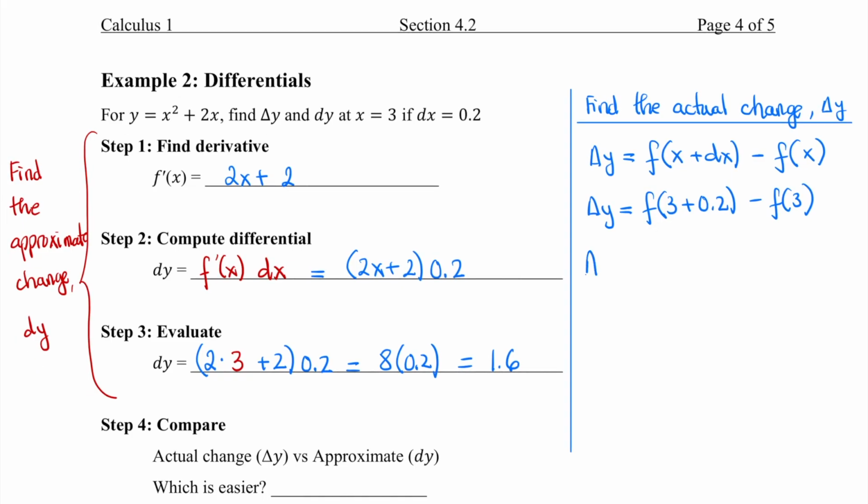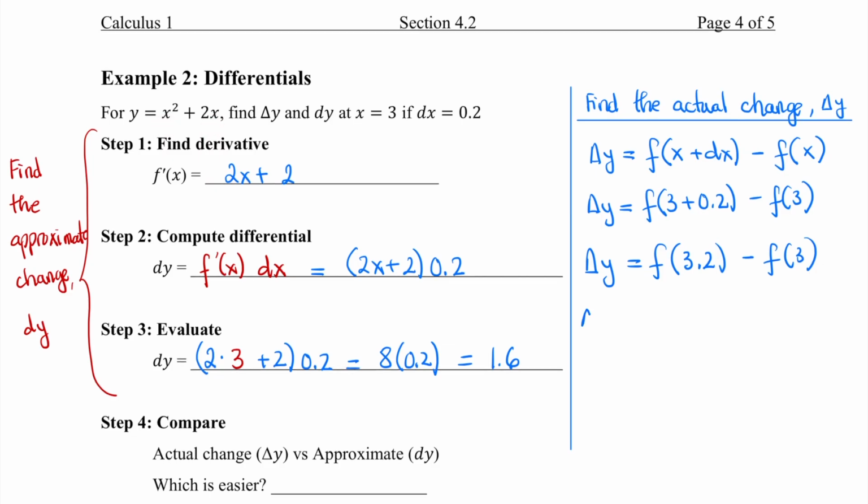So delta y equals f of 3.2 minus f of 3. To find f of 3.2, I replace x with 3.2. So I have 3.2 squared plus 2 times 3.2. To find f of 3, I replace x with 3. So I have 3 squared plus 2 times 3.